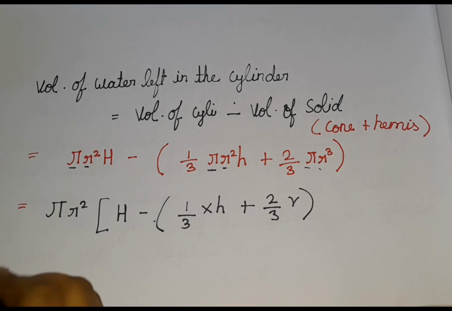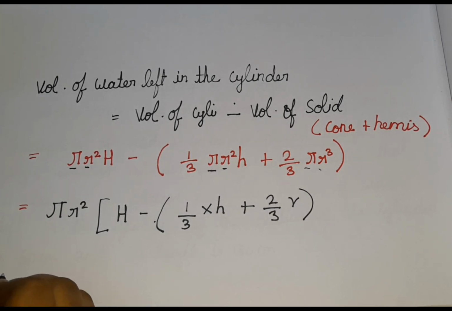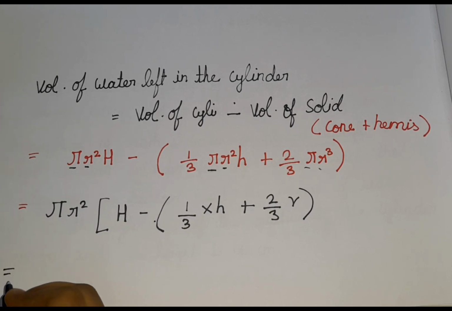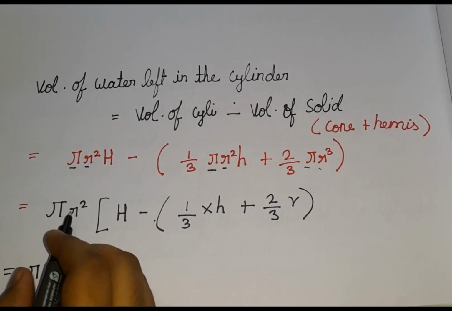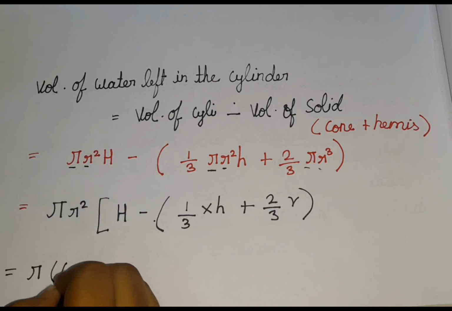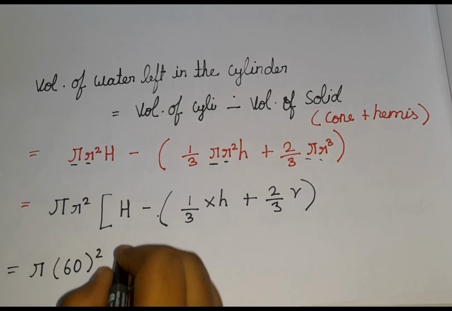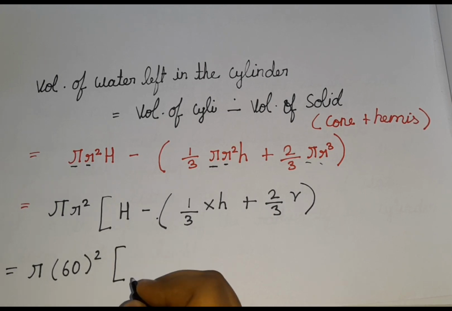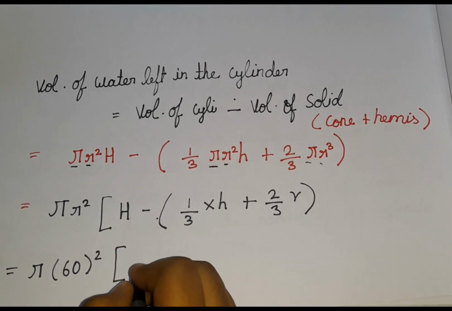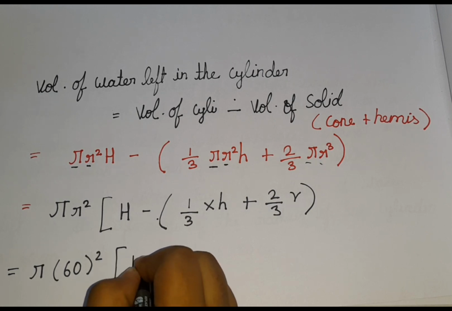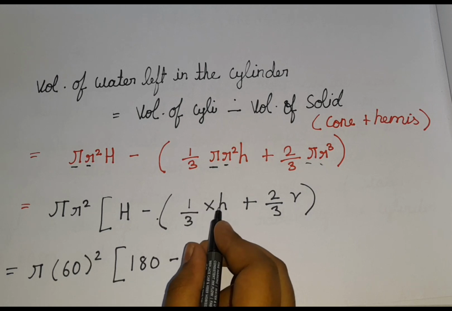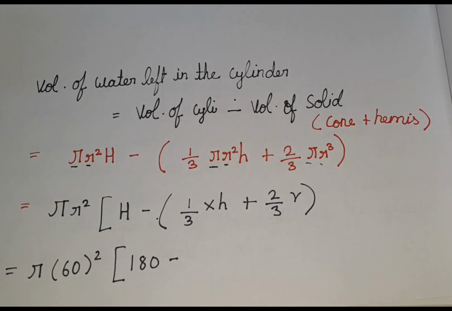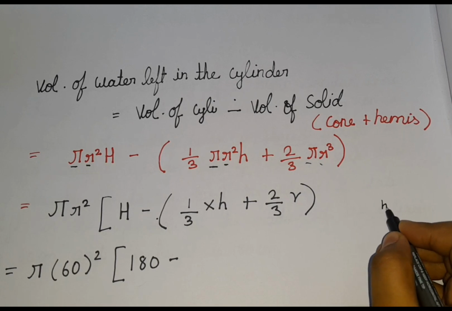Alright guys, now we can substitute the values. For now no need to substitute the pi value, later on we can do it. We can substitute the rest of the values. The radius is 60 centimeter, and since we have a square, let us write 60 square. Then in the bracket, capital H is the height of the cylinder, that is 180, and then minus, 1 into h is h, of course you guys know it will come, so it will be h by 3.